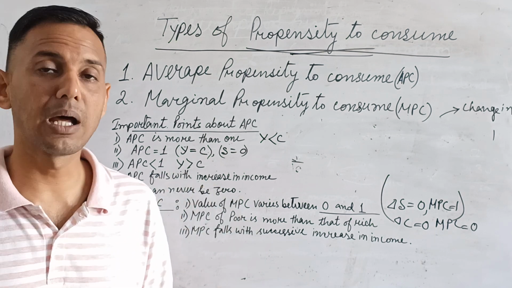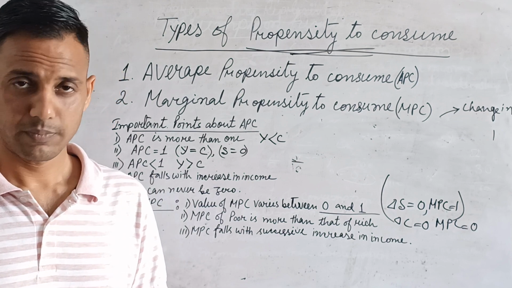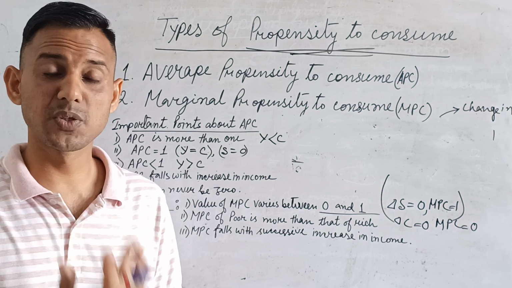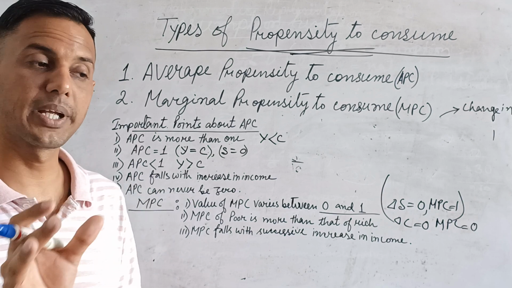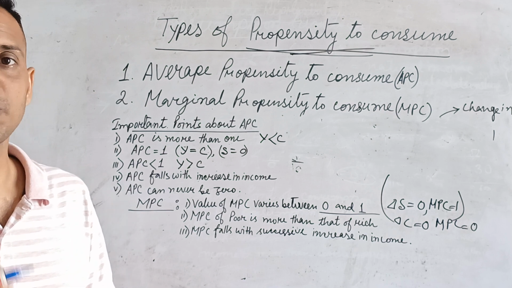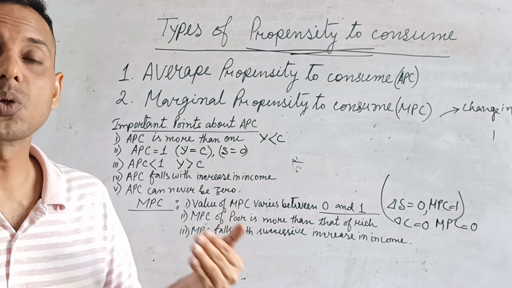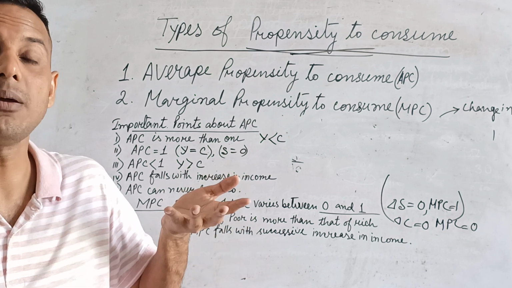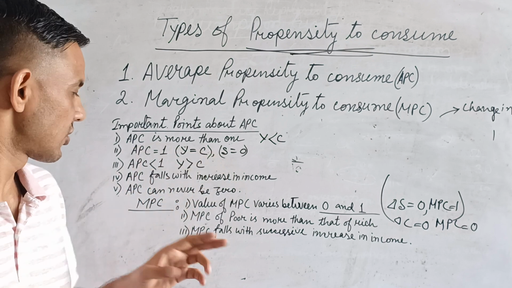For example, till now I don't have an Apple brand product, so I have a tendency to buy. But those who have already used one have less tendency. Clear? So the MPC of the poor is very high, and less for the rich.